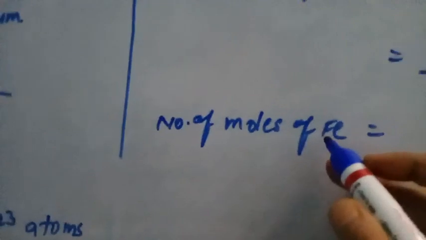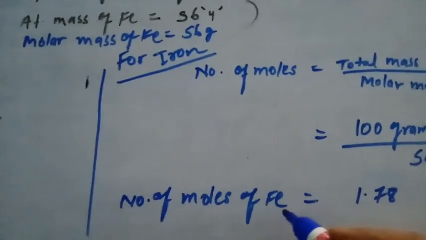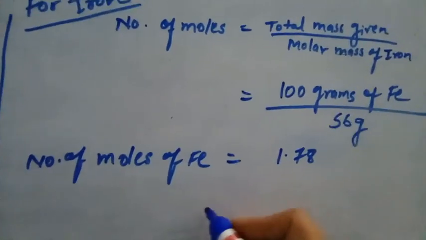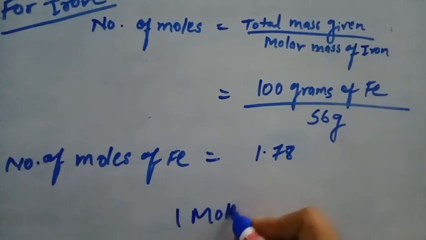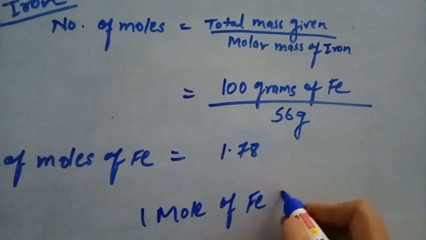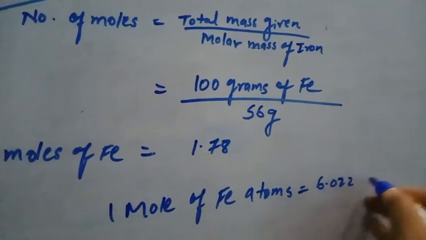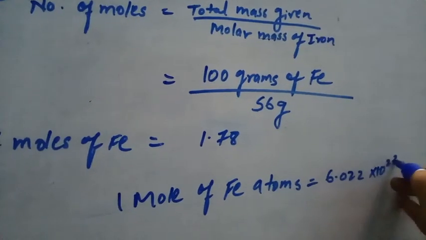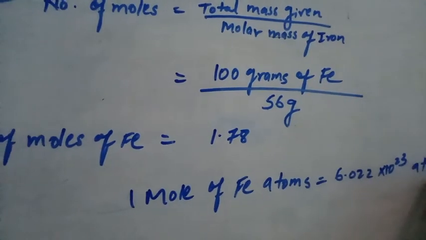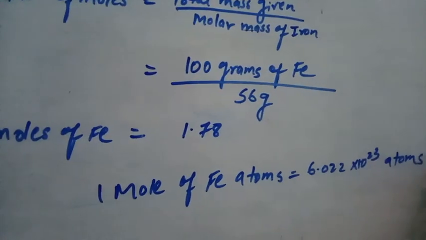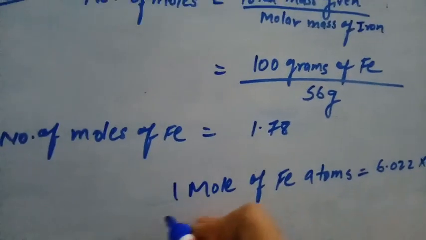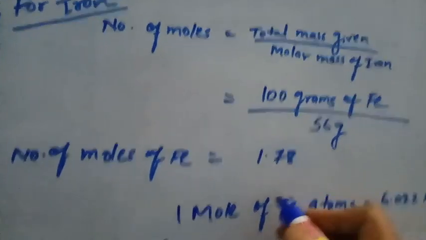Similarly, the number of moles we have got in the case of iron is 1.78. Here also we can write 1 mole of iron atoms is equal to 6.022 into 10 to the power 23 atoms of iron. So we got 1.78 moles.